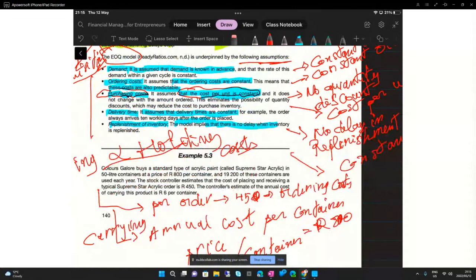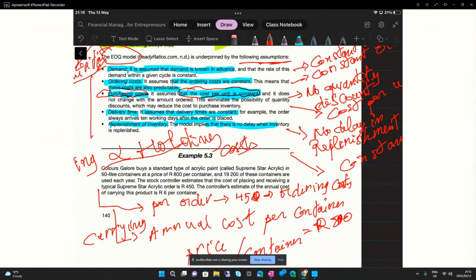It means that for these concepts to apply or to work, there need to be some assumptions, or in other words, some terms and conditions.